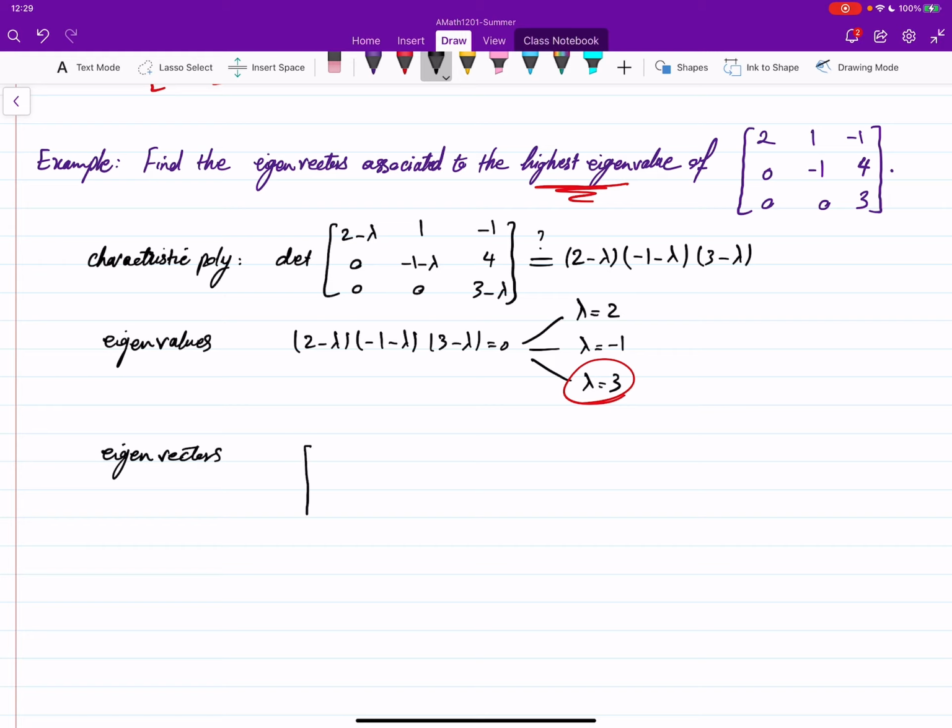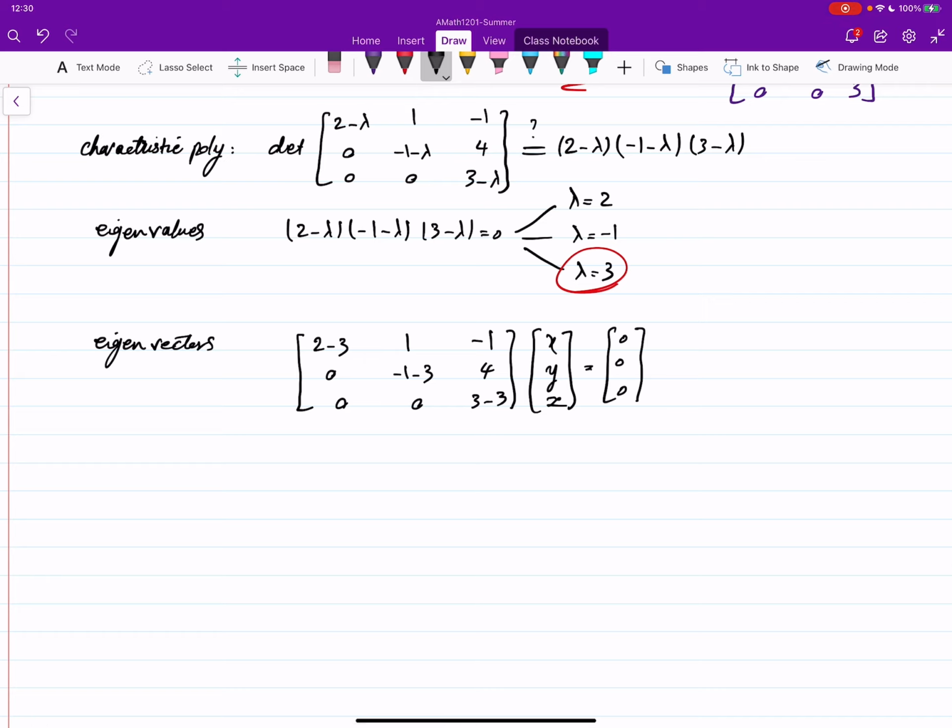So I will try to solve this equation. 2 minus 3, 1, negative 1, 0, negative 1 minus 3, 4, 0, 0, 3 minus 3 times x, y, z. This must be equal to 0, 0, 0.